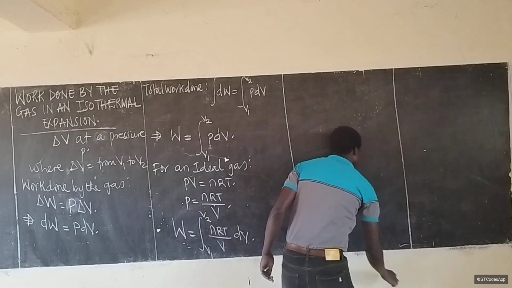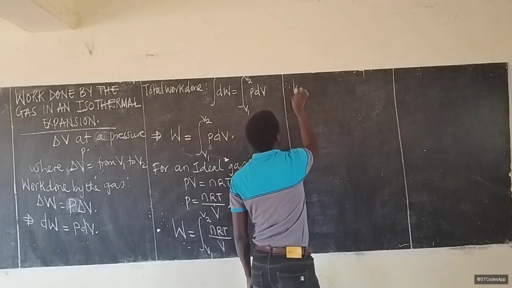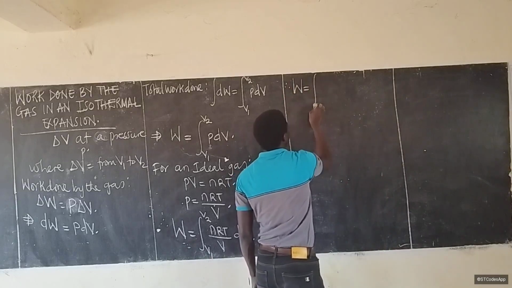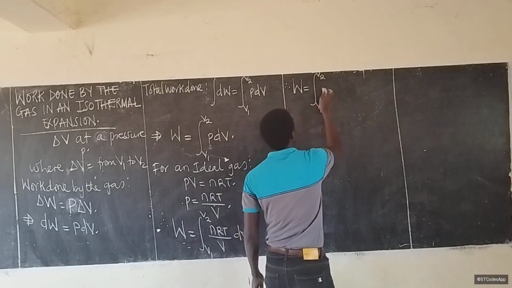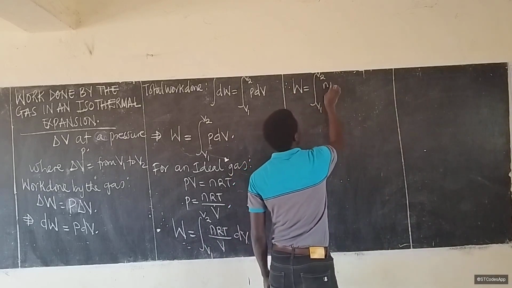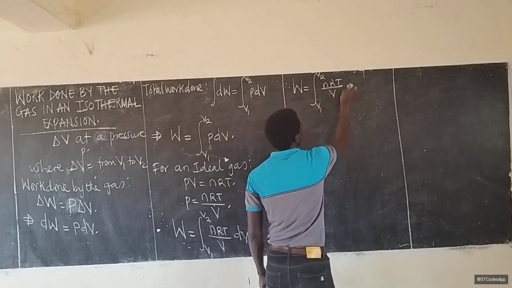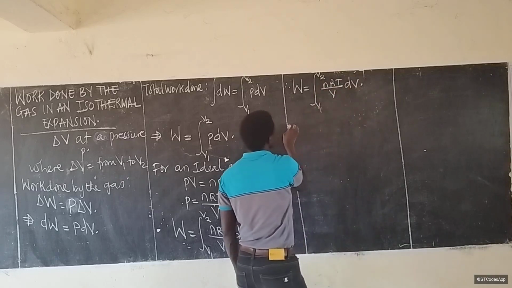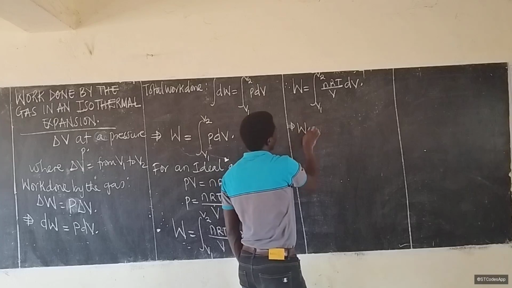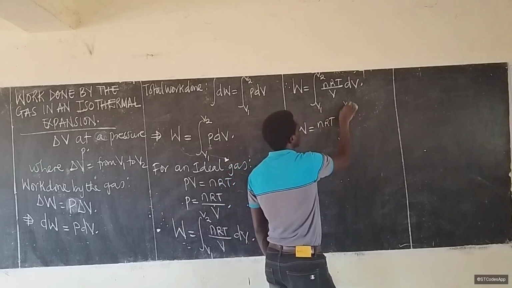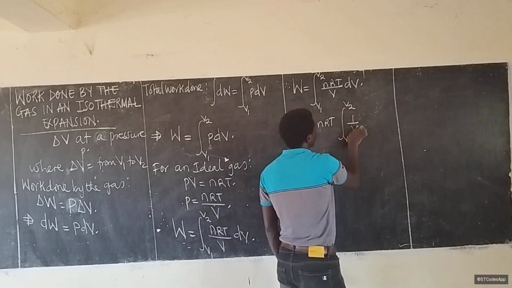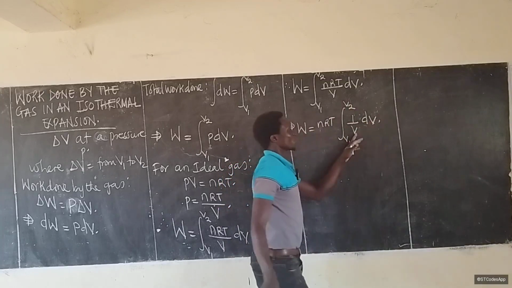So the work done is nRT times the integral from V1 to V2 of 1 out of V dV.